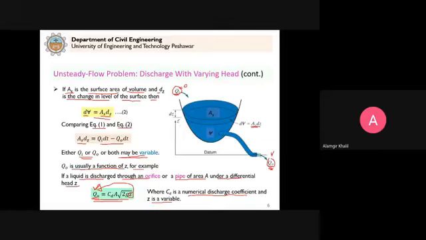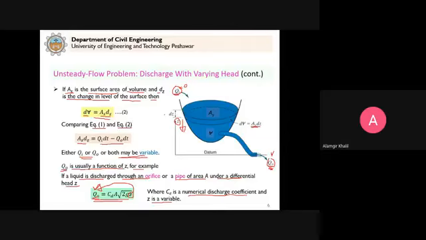What will happen to Z? Z will decrease until the tank is completely emptied. So in that case, Q naught is variable. Understand? Z is changing, Q naught is variable.